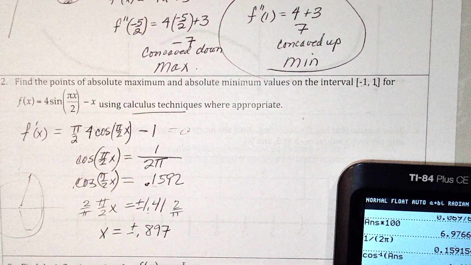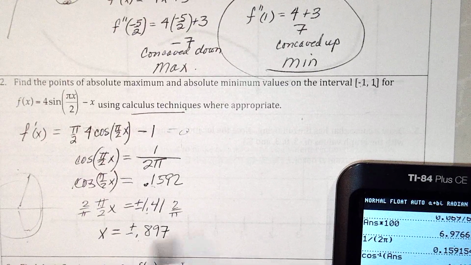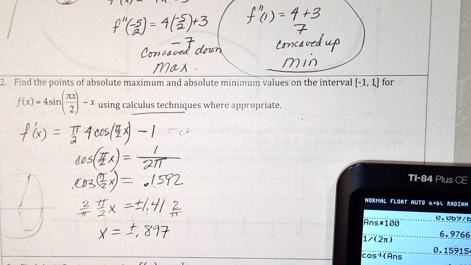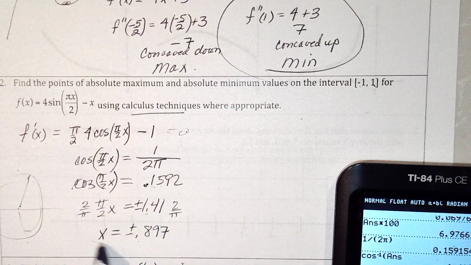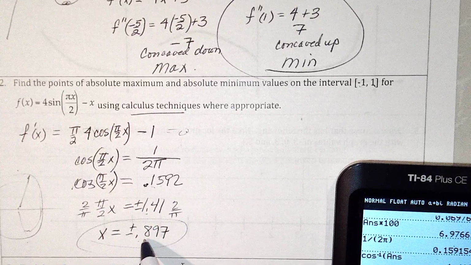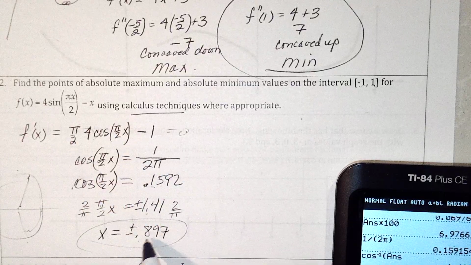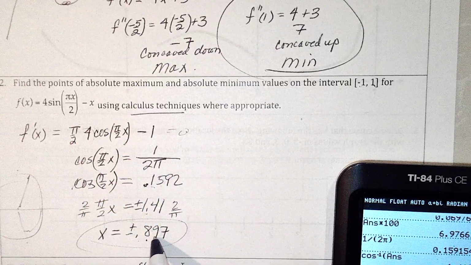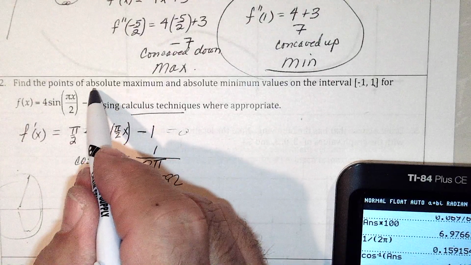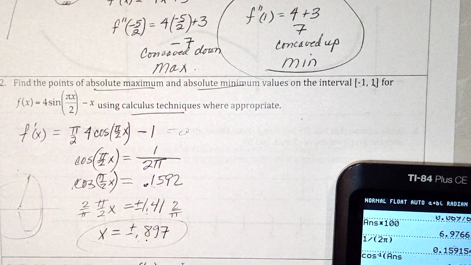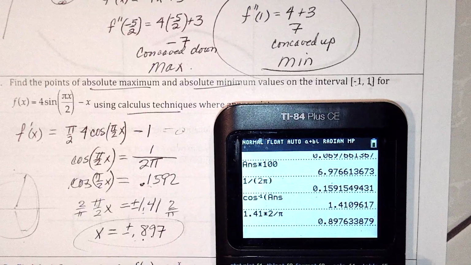So those are both inside that interval. So I now need to see the height at each of these places and at the endpoints to find out where my absolute max and absolute min are.